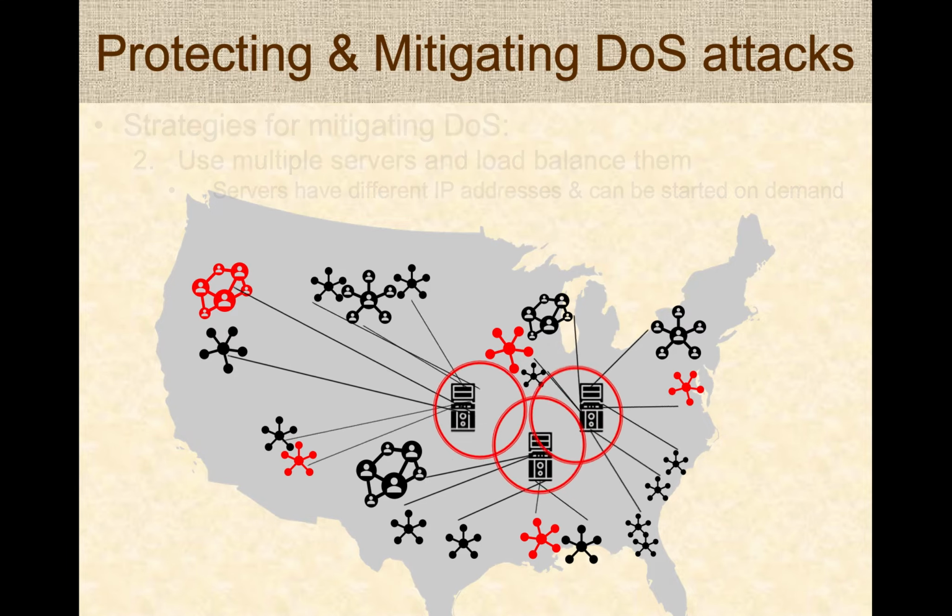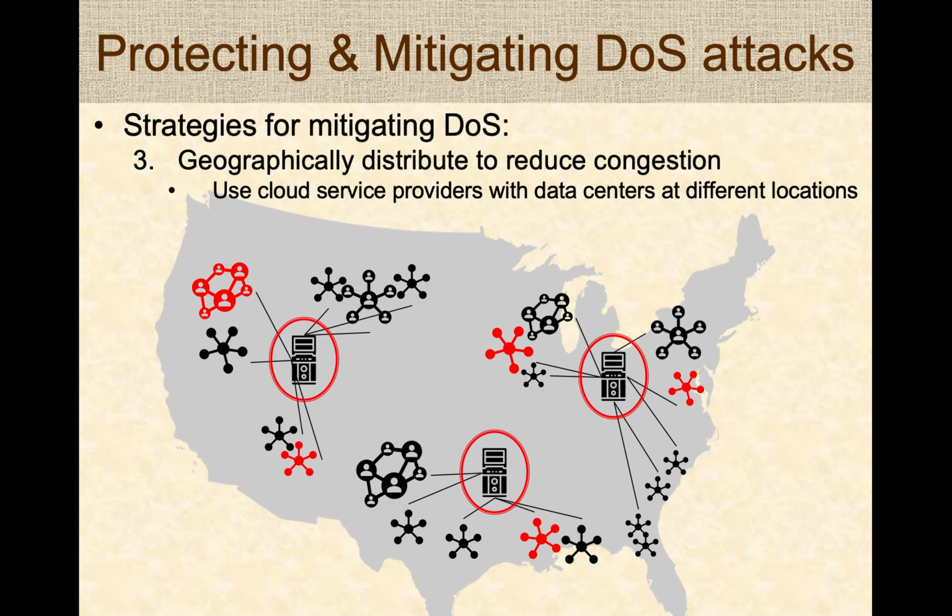The next strategy that a lot of companies use is to do geographically distributed servers. So here you're trying to reduce the congestion in the core by moving the servers to different geographic locations. Again, cloud computing service providers that have data centers in different locations can help with this kind of infrastructure, coordinating the different servers using a content delivery network or CDN.